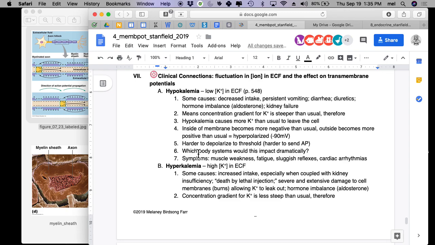So it's harder to depolarize to threshold, because maybe you're at minus 90 and you have to go to minus 55. It's still minus 55, right? And so it's harder to send an action potential. And so which body systems are you going to see this in? Which body systems are going to have symptoms? Nervous, muscular systems, right? Even cardiac muscle.